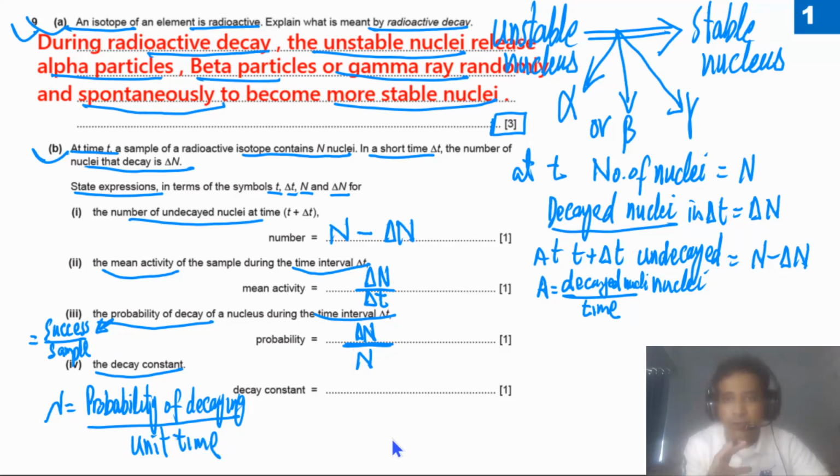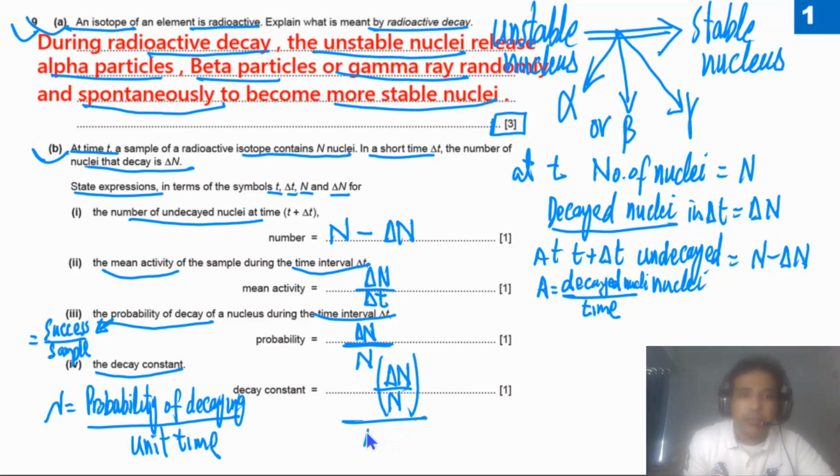So we already have the probability we have calculated. This is delta N by N, and this one has to be divided by delta t in given time. So simply we can say this is equal to delta N by N multiplied by 1 over delta t.